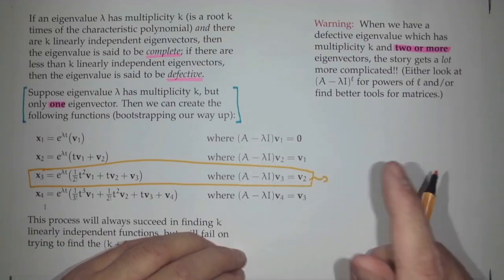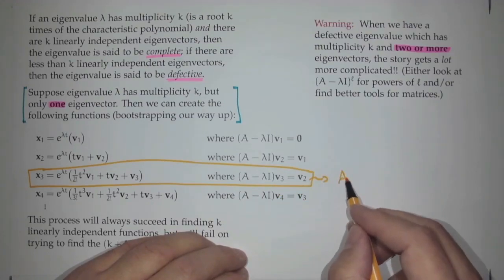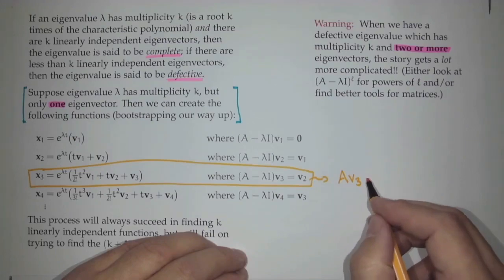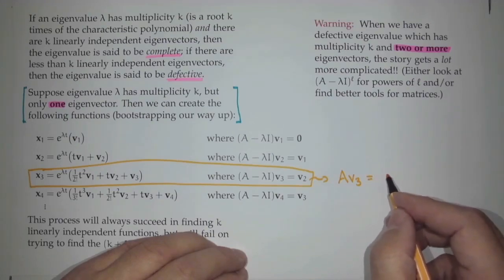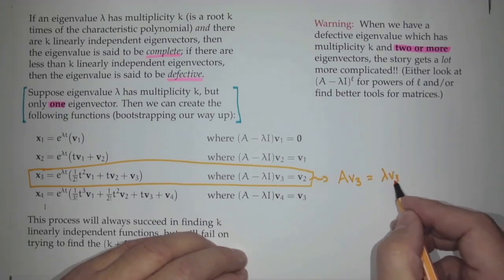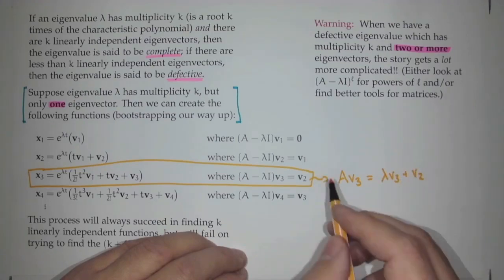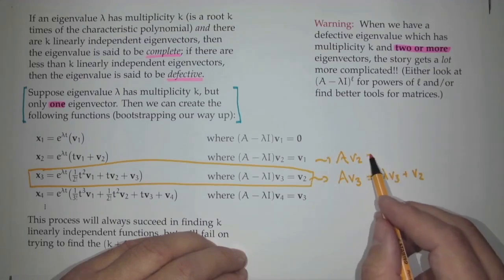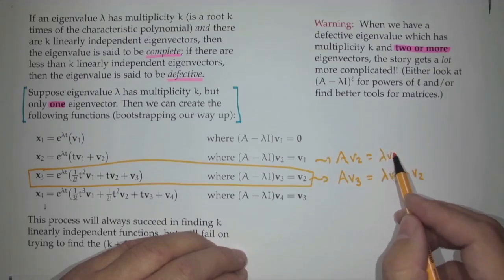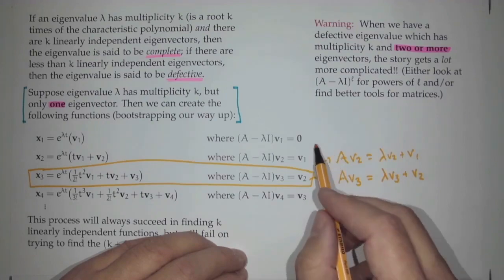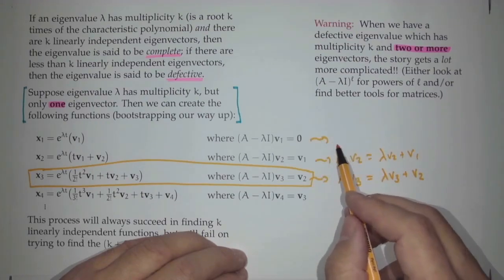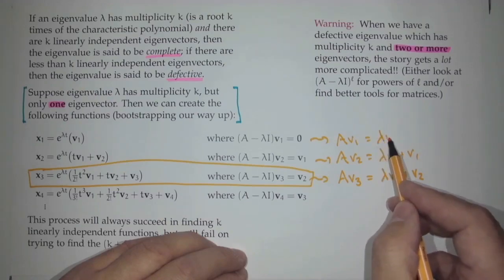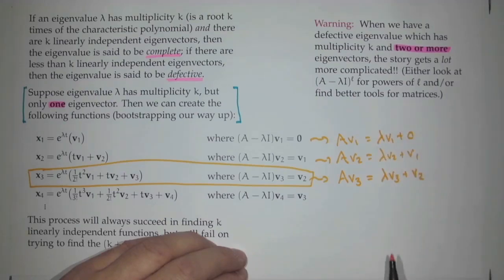We got this by merging the sides together, but we could really say, hey, this says A times v3 is really two things: lambda v3 plus v2. This previous equation says A v2 is really lambda v2 plus v1. And this last one says A v1 is really lambda v1 plus 0.